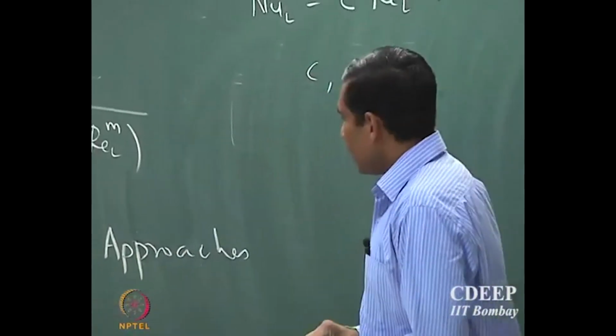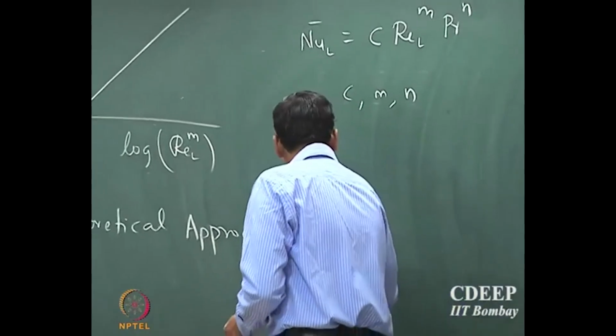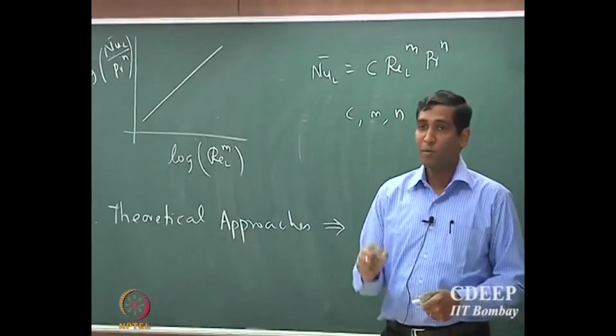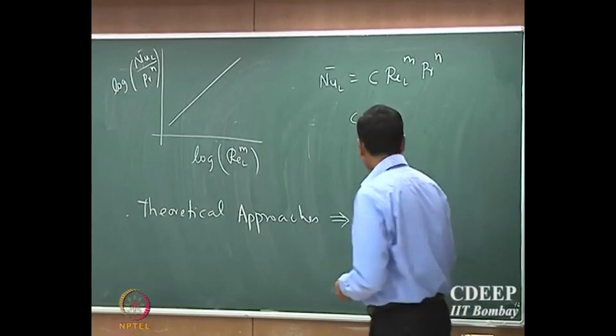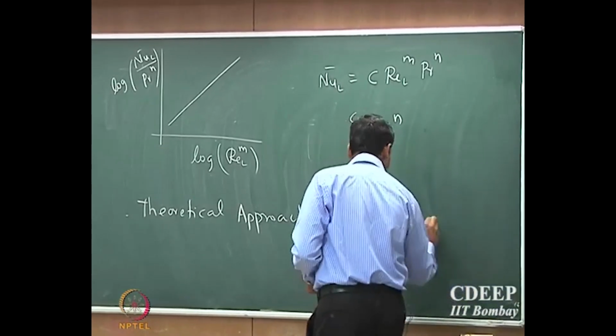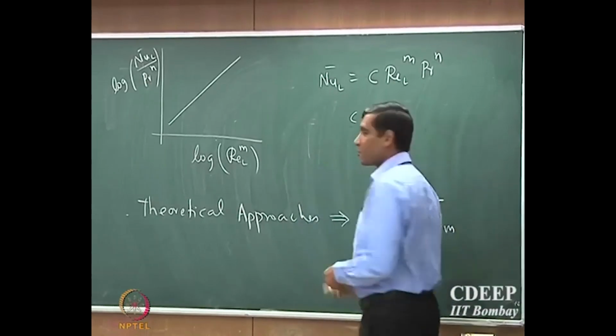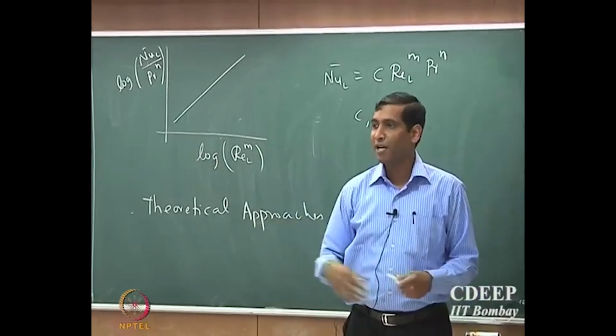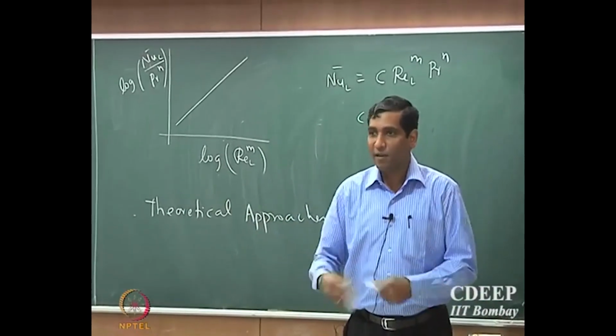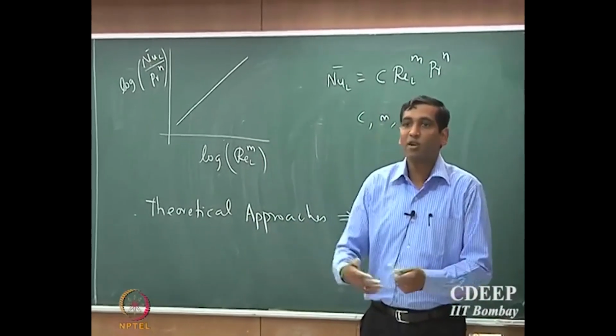Now, what is also important to note is the objective. Remember that the question that we are trying to ask in all of these problems is, what is the average heat transport coefficient? What is the average mass transport coefficient? So we really do not need the full temperature profile and full concentration profile. We have it, well and good, but that's not really important.